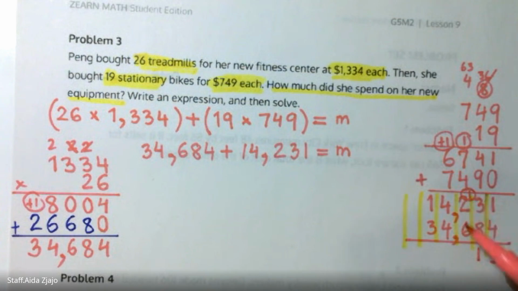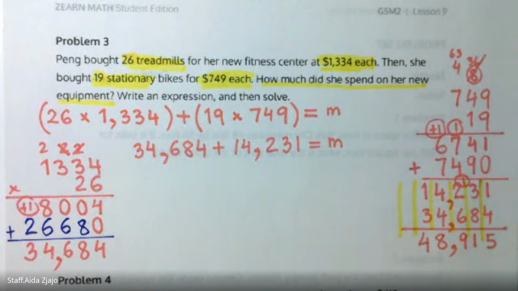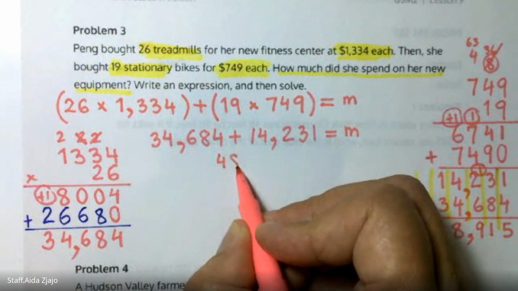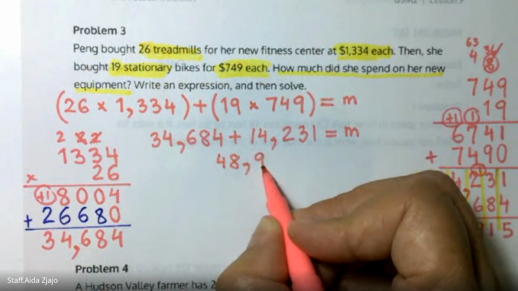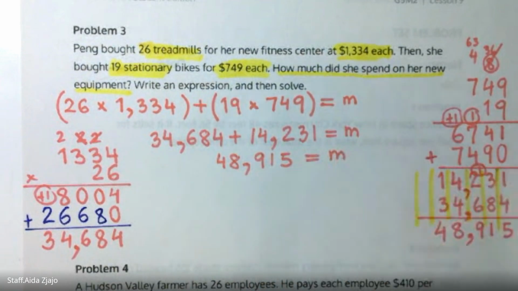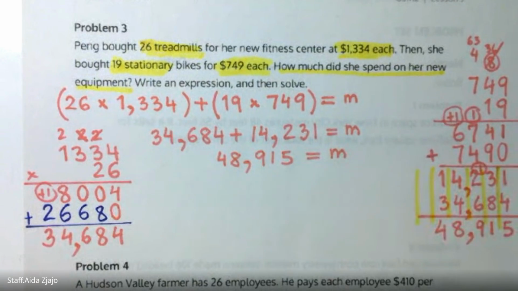So 3 and 6 is 9, here is the comma, 8, $48,915. So $48,915 equals the money that she spent on her equipment.